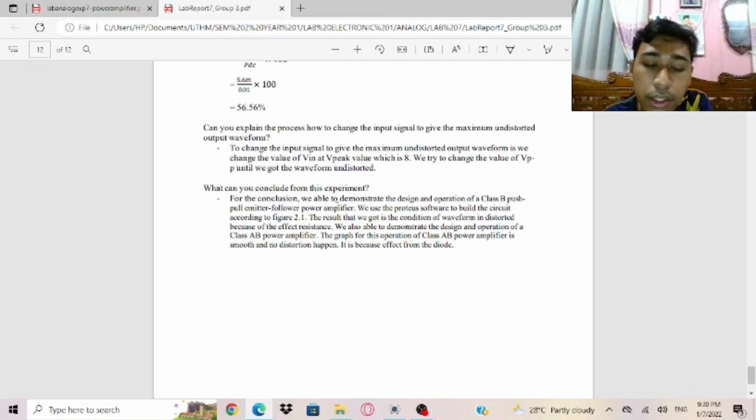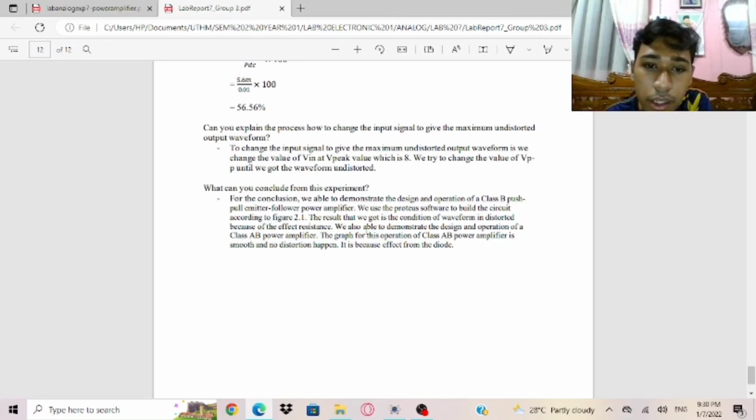So for the conclusion, we are able to demonstrate the design and operation of a Class B push-pull emitter follower power amplifier. We use the Proteus software to build that circuit, and the result that we got is that the waveform for Class B is distorted because of the effect of resistance.